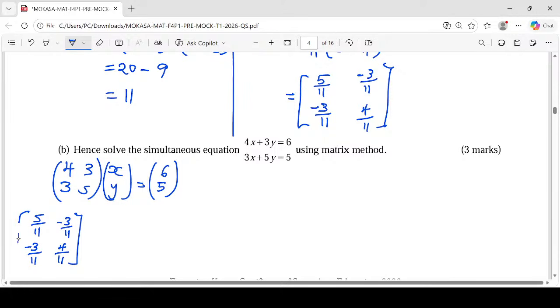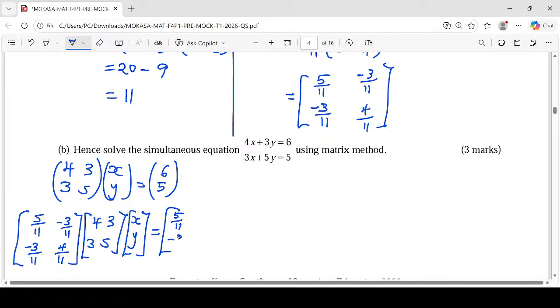We pre-multiply to the left, which had 4, 3, 3, 5, x y. This should be equal to the right, where we still pre-multiply. To pre-multiply, you start with the inverse matrix, 5 over 11, -3 over 11, -3 over 11, 4 over 11, multiplied by 6, 5.